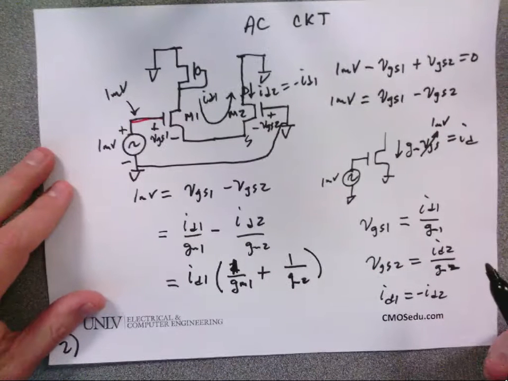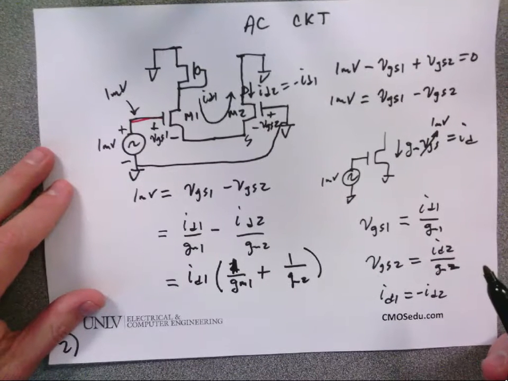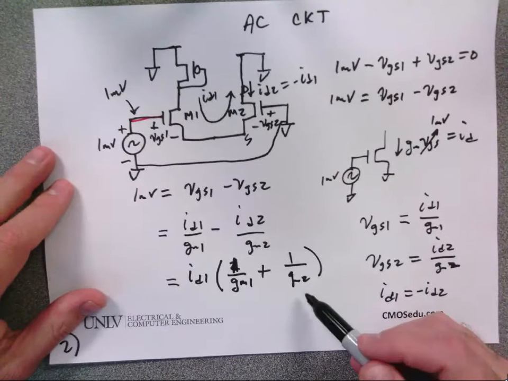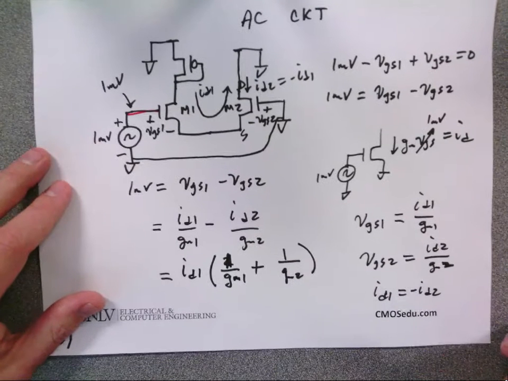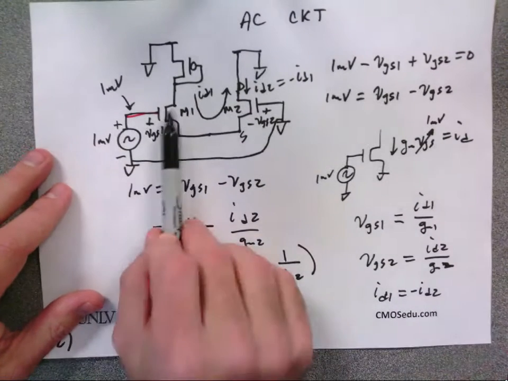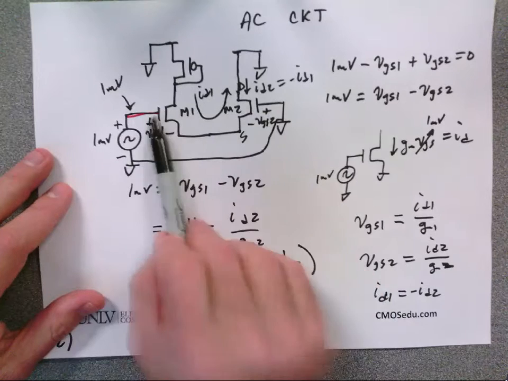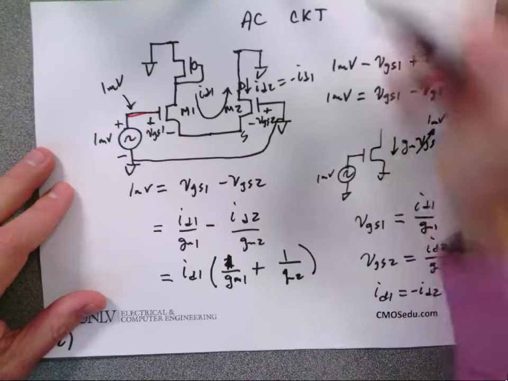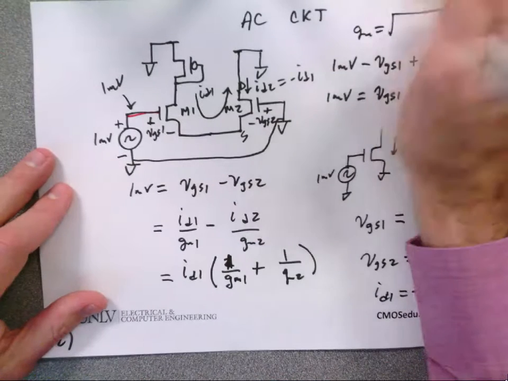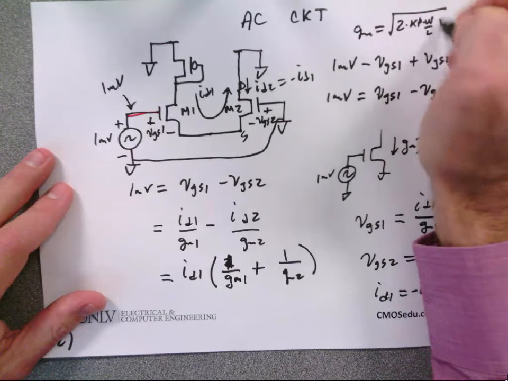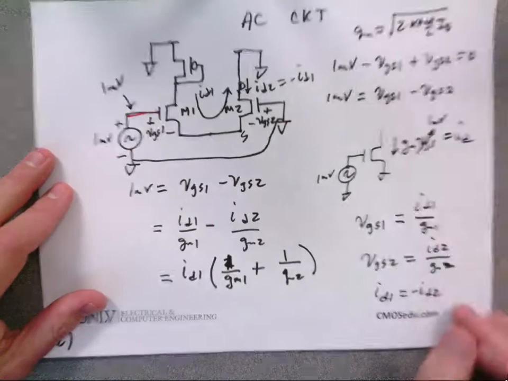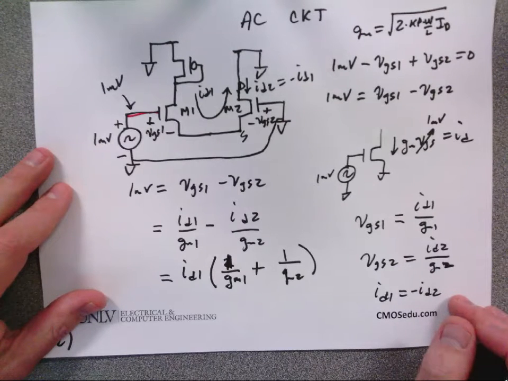Does everybody agree with that? But wait, what is the relation between GM1 and GM2 and why? The same. Why? Same DC current, same sizes. We know GM is equal to the square root of 2 times Kp times W over L times ID. If they're the same size, they have the same current, they have the same GM.